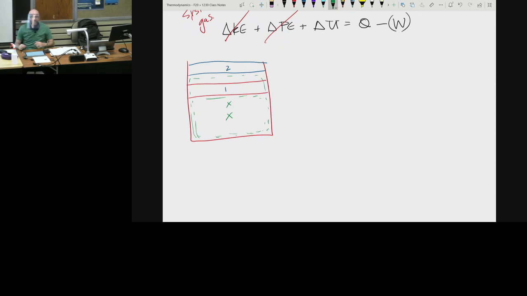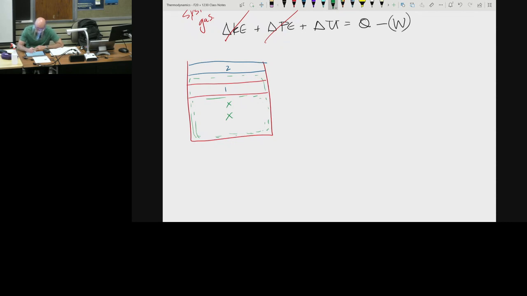So really there is a potential energy increase of that gas. But the mass of that gas is so small that the mass times gravity times the little change in Z is negligible. And that's why we say it's negligible when we deal with gases. Now, when we have something heavy like a piston, 25 kilograms, yeah, potential energy is probably going to be something we need to think about. But that's why we neglect potential energy change. Even though there is one, we neglect it.